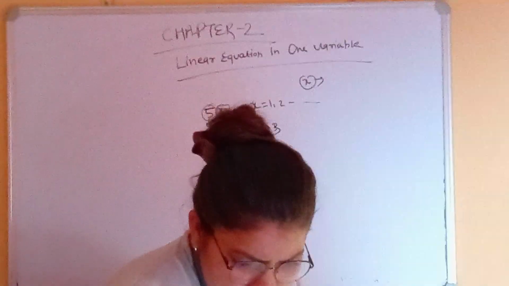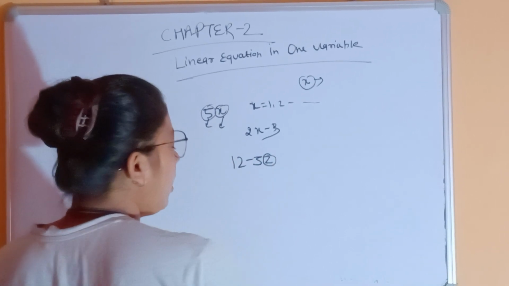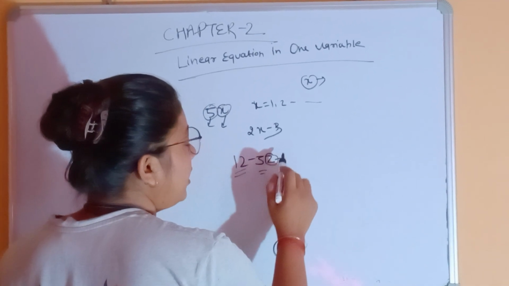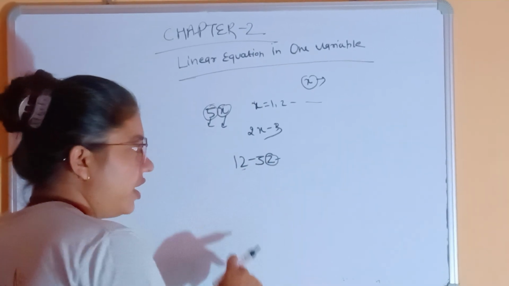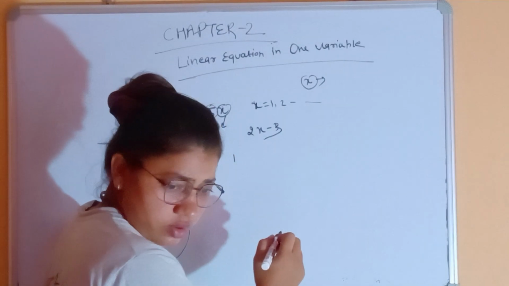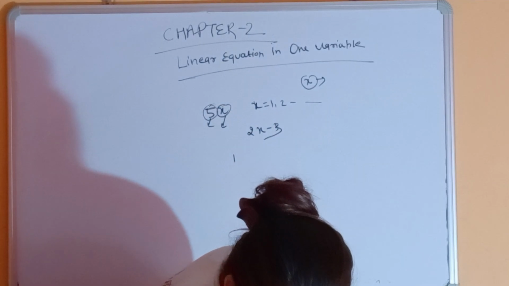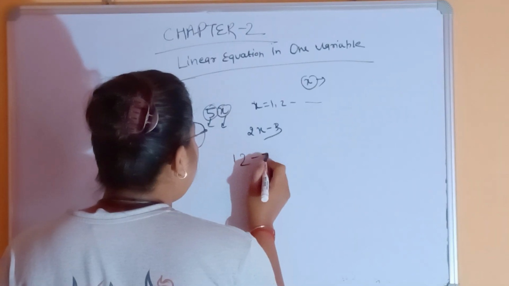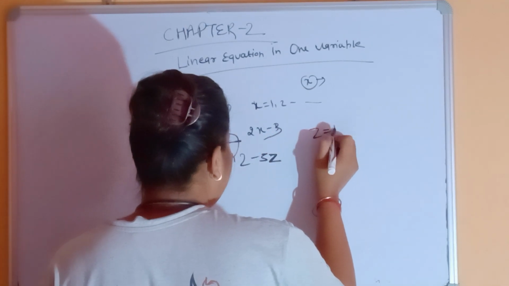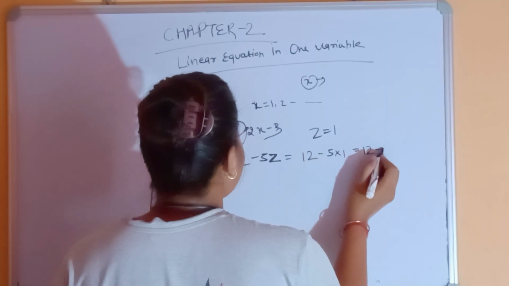Take one more example: 12 minus 5z. Here z is taken as the variable. The values 12 and 5 do not change. Only z changes, like 1, 2, 3, 4, different values, so the value of the expression also differs. Suppose z equals 1, then 12 minus 5 into 1, that is 12 minus 5, the value is 7.